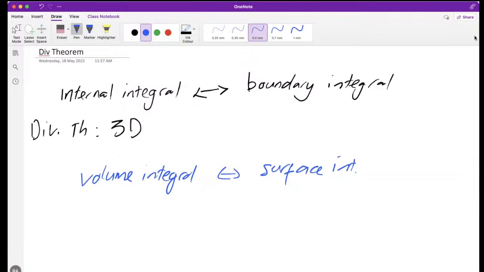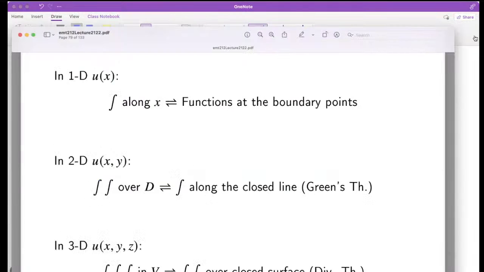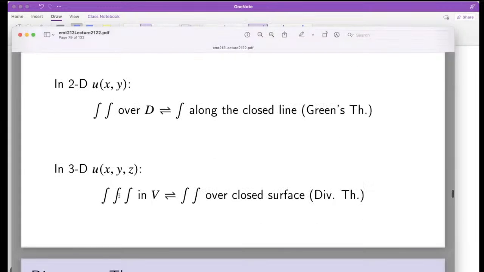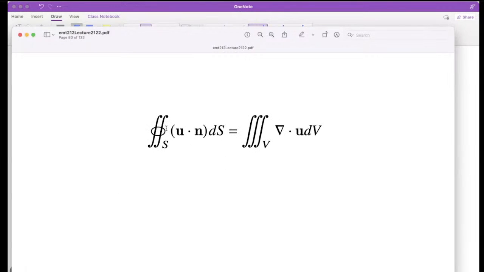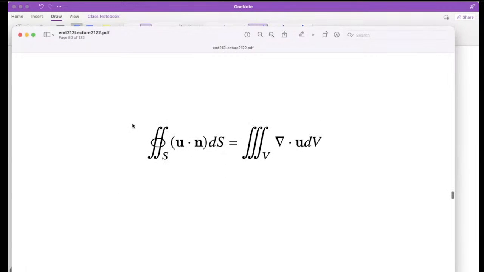And from here, you would know that. Okay, so let's just pick up the statement of the divergence theorem. Let me switch to this. I'm going to grab the statement here.